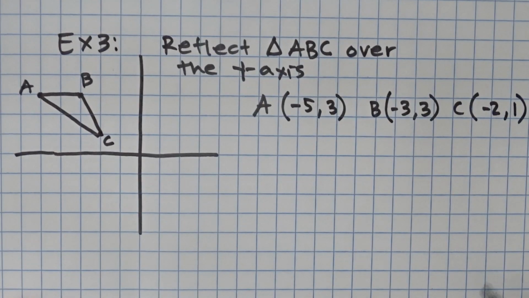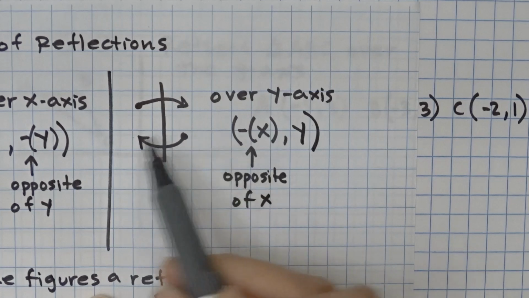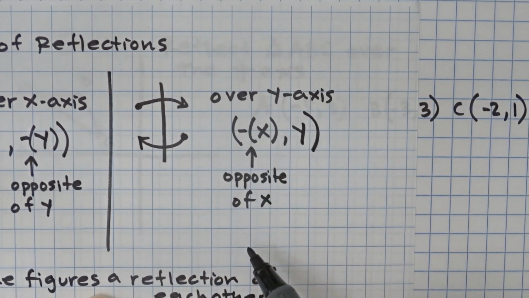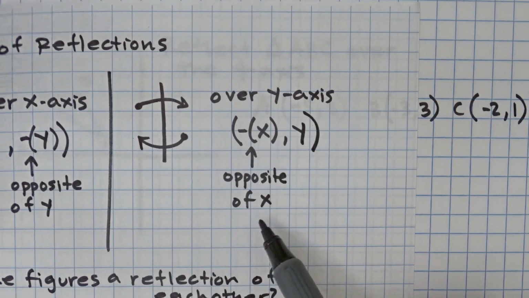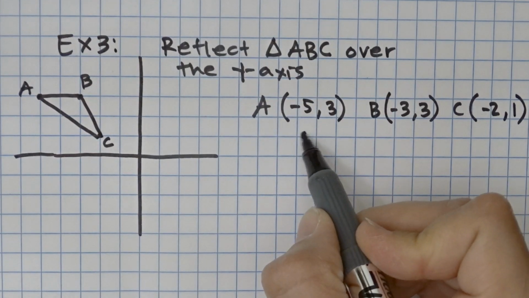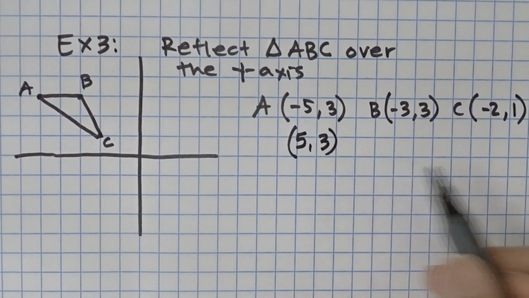And I'm going to just apply the rule. If I'm going to cross the y-axis, then that means I'm making a horizontal change. So my horizontal coordinate changes. My x's are just going to become opposites. If it's -5, now it's +5. Remember, the y is going to stay the same.